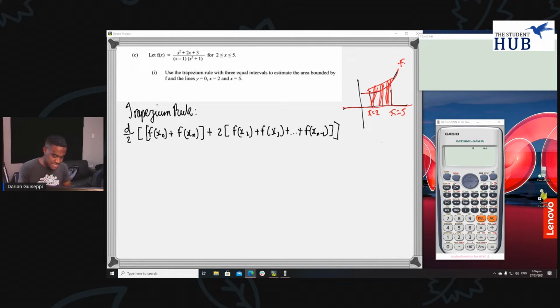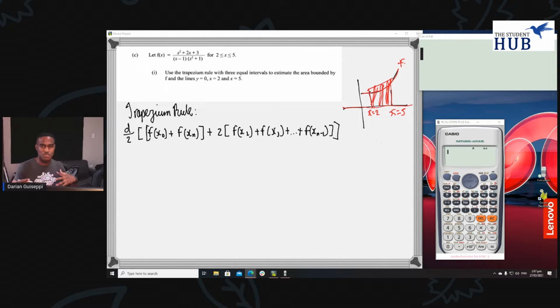So the next thing we have to do is find out what these terms are. This is a general formula for the trapezium rule, so we wouldn't be using all of it. We need to find out d. d represents the size of the intervals, for the 3 equal intervals.